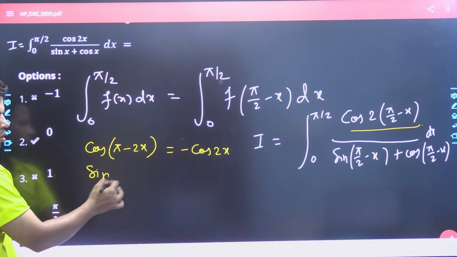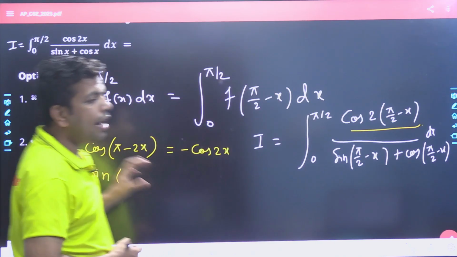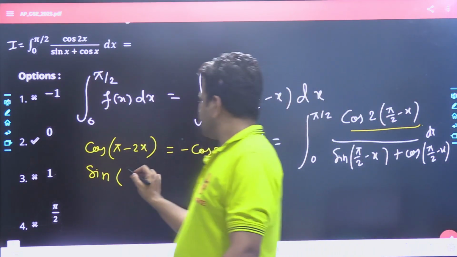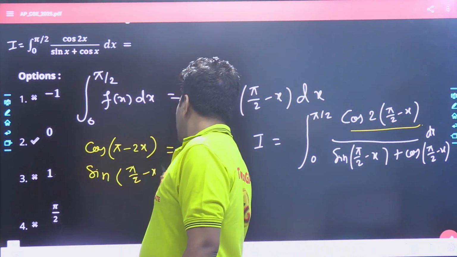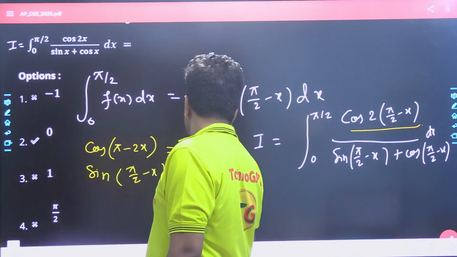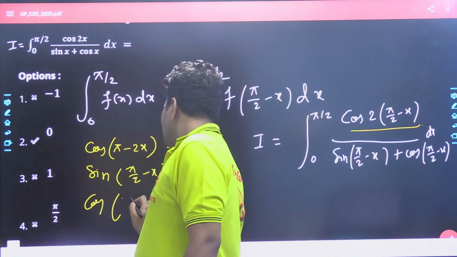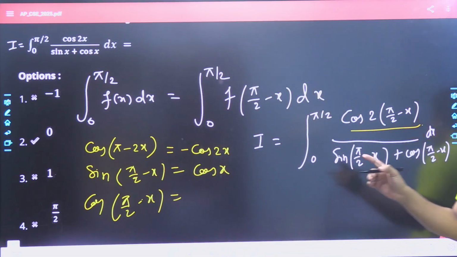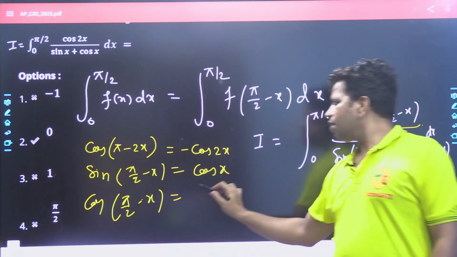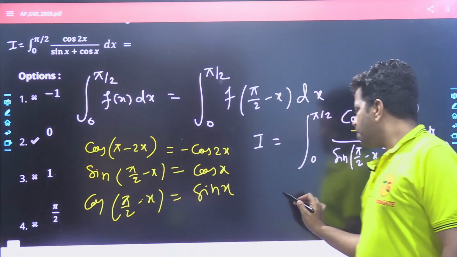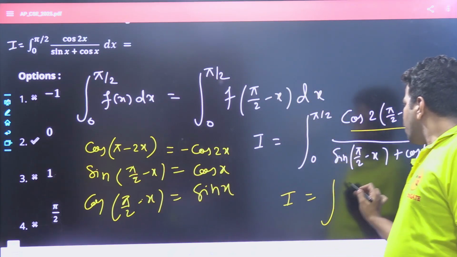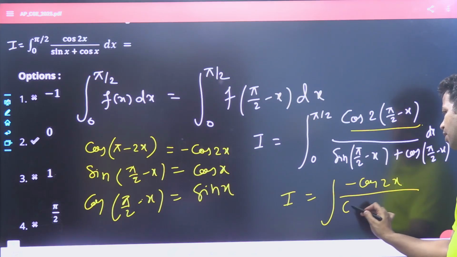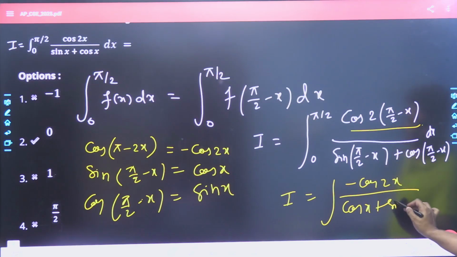Now sin 90 minus theta becomes cos theta, and cos 90 minus theta becomes sin theta. So this is I equals to minus cos 2x divided by cos x plus sin x dx.